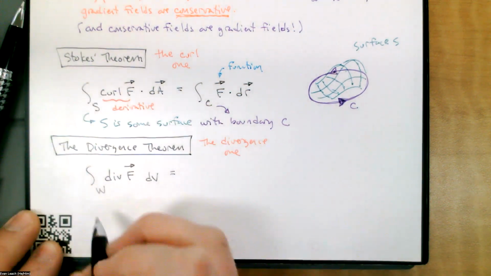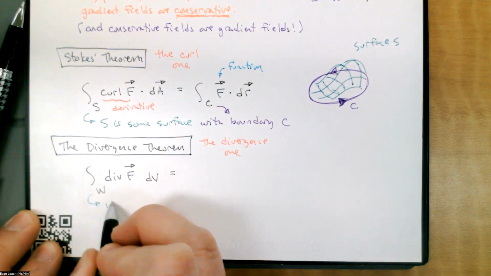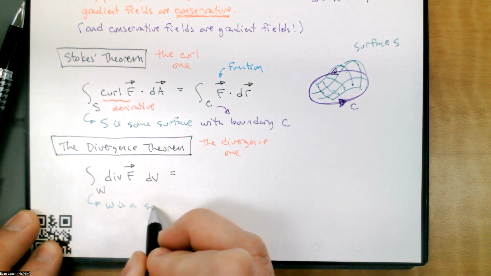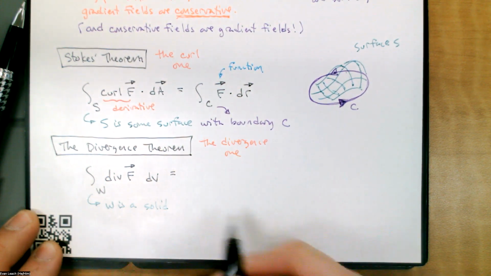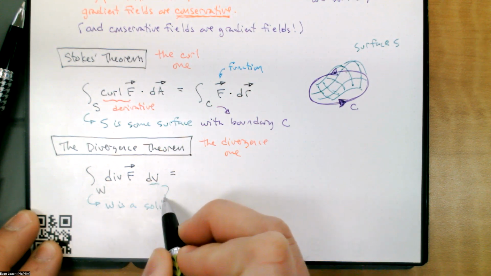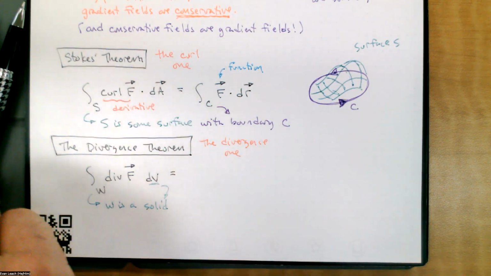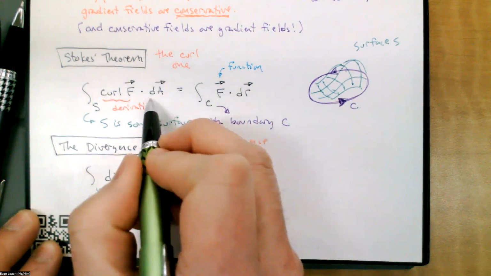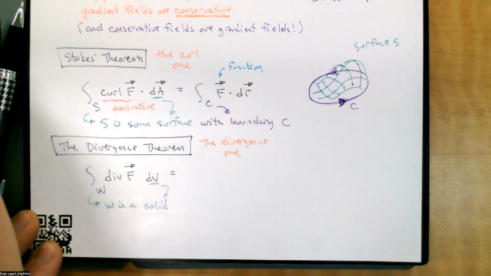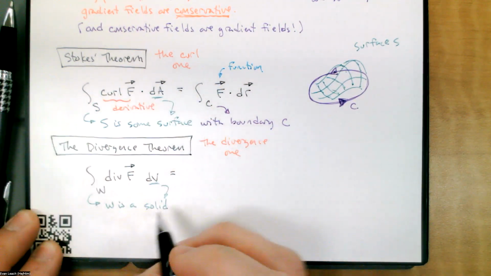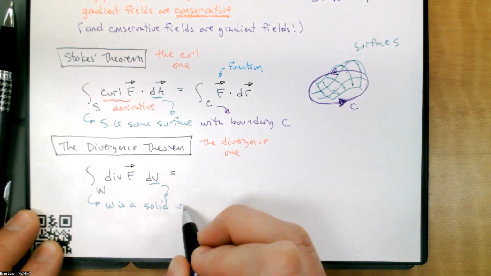So W is a solid. This dV part says solid, just like this dA part says surface. And the boundary of the solid is a surface.